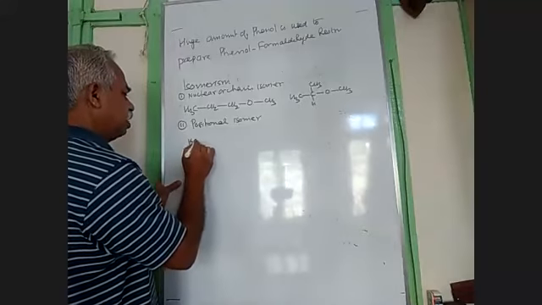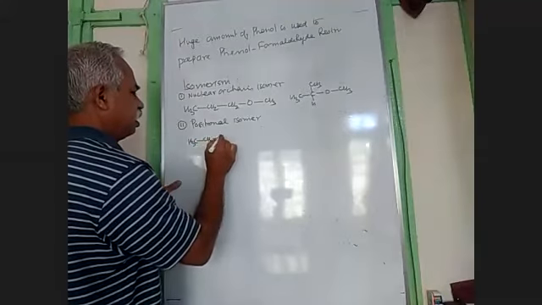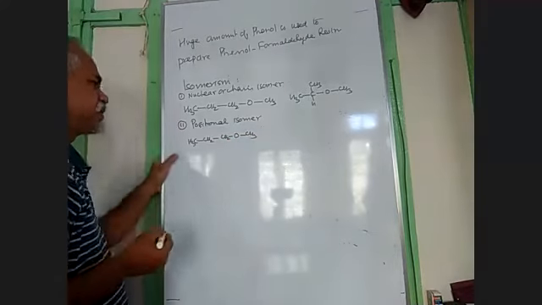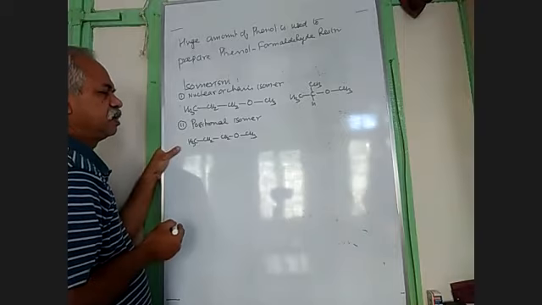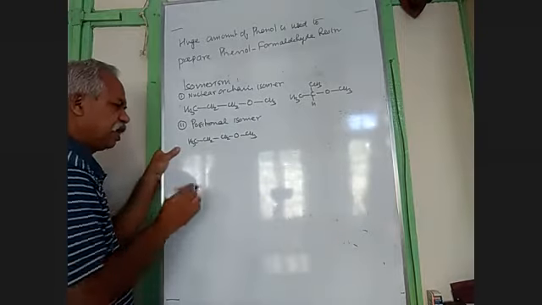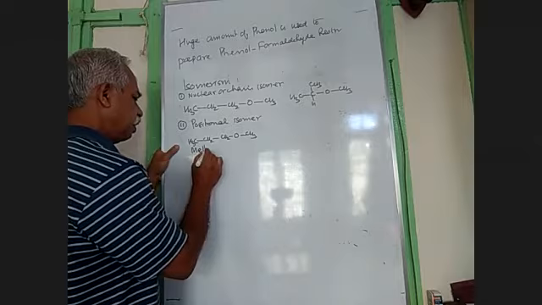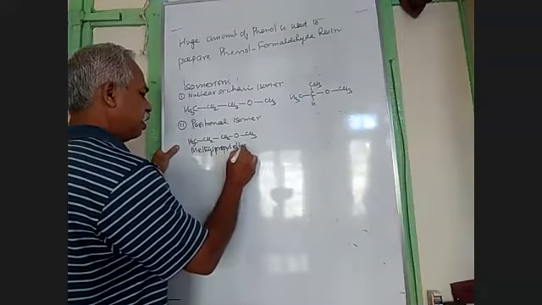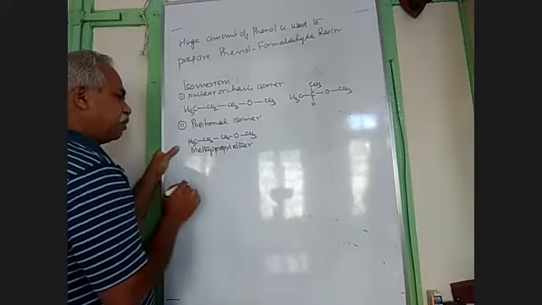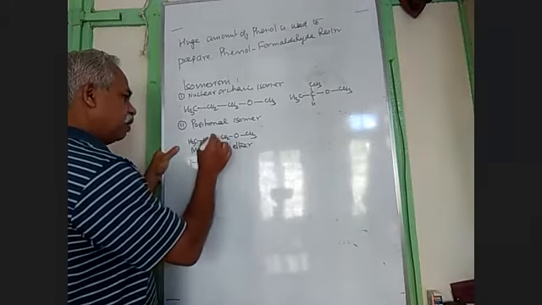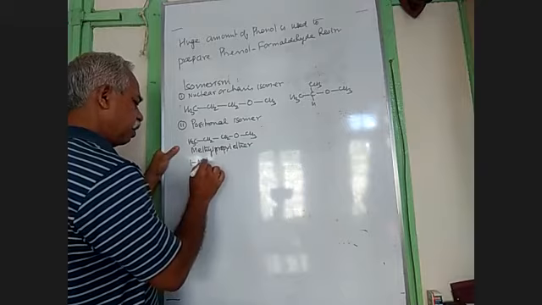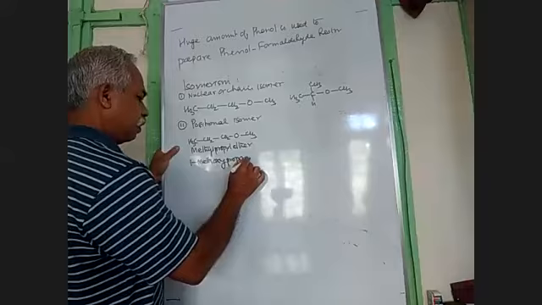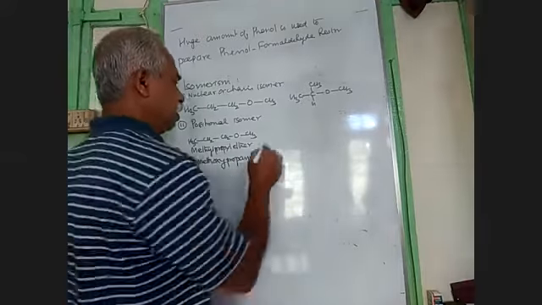CH3CH2CH2OCH3. The common name is methyl propyl ether. The IUPAC name is 1-methoxypropane. Clear?